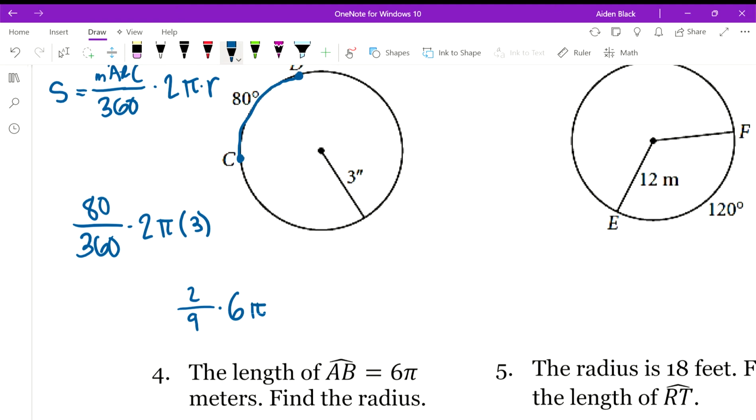So we have that the circumference is 6 pi. So we end up with 12 pi ninths, which if we reduce by dividing the top and bottom by 3, we get 4 pi thirds.